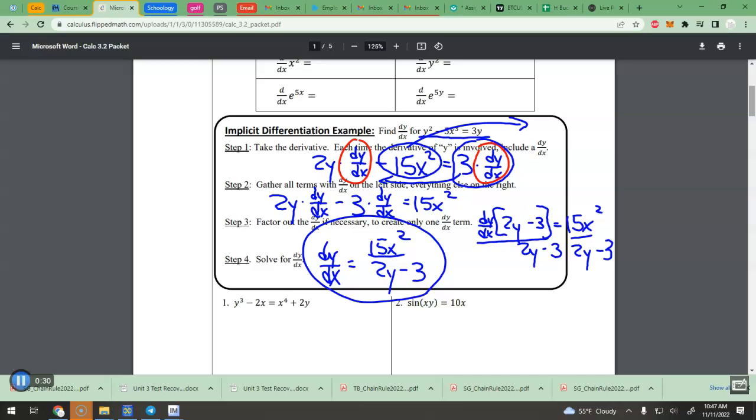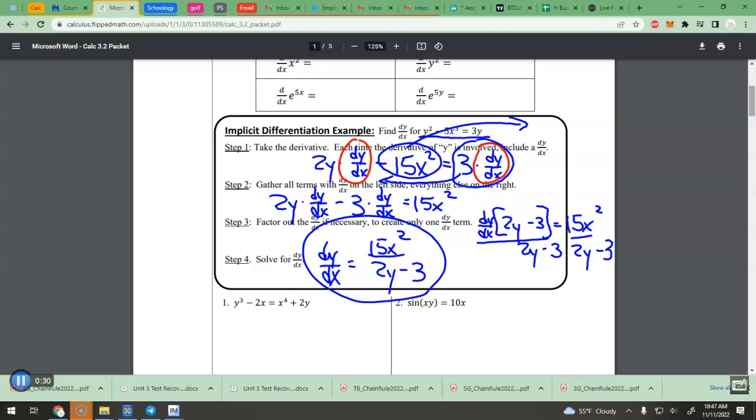So I wasn't able to solve this original equation for y. I still don't know what y itself equals, but I know the derivative is this. So I can get to the derivative without ever knowing exactly what y is equal to. But that process is the same every single time. Whether you understand what I'm saying about the imaginary y or not, that process just takes care of it.